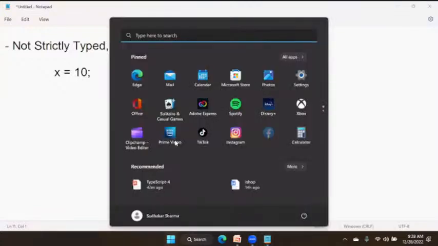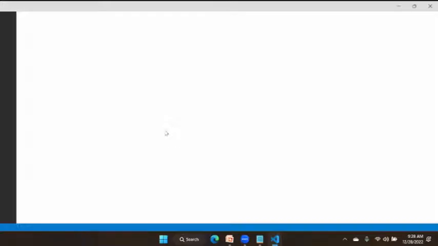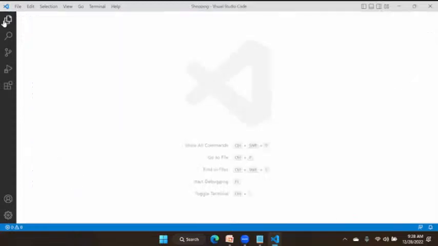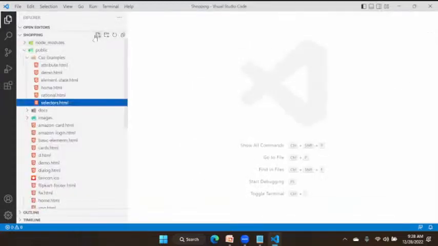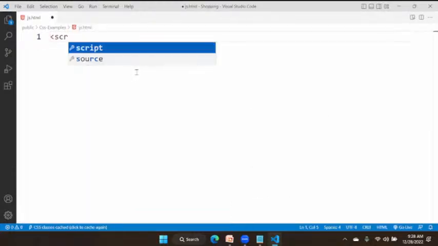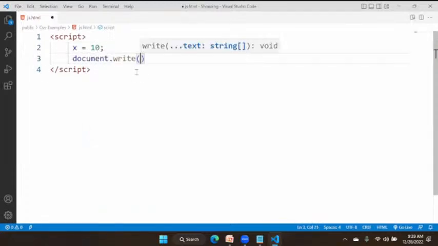For example, I will show you. You just observe that. Later, you will learn how to work practically. Suppose I am writing some JavaScript, x equal to 10, and I am printing the value of x.